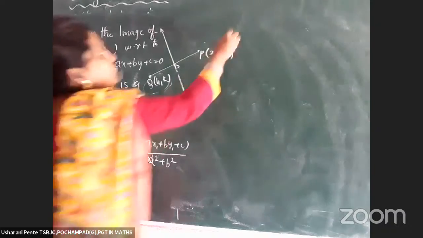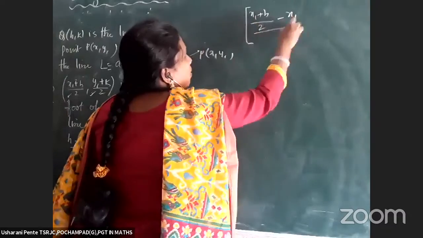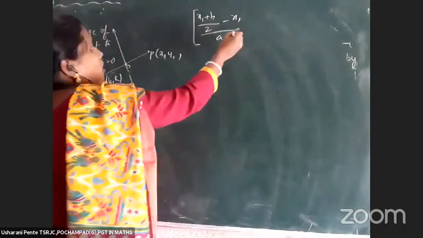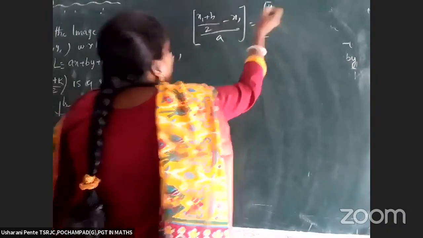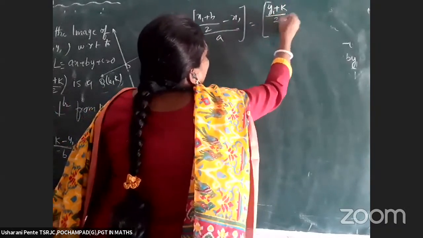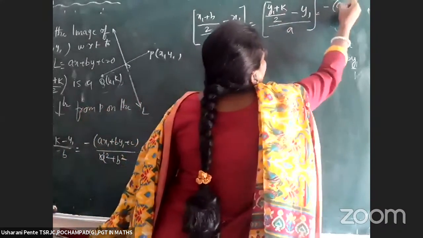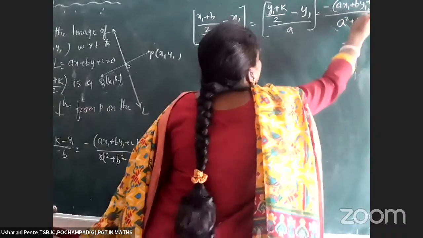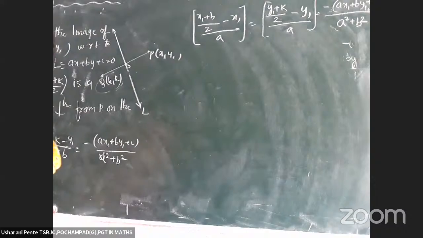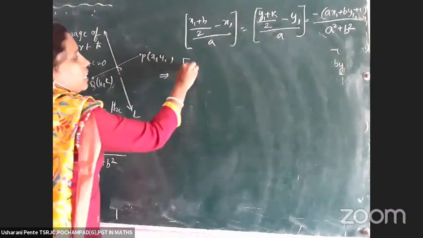What we get is ((x1 plus h) by 2 minus x1) by a is equal to ((y1 plus k) by 2 minus y1) by b is equal to minus (ax1 plus by1 plus c) by (a square plus b square). If I take LCM, that is (x1 plus h minus 2x1) by 2a is equal to (y1 plus k minus 2y1) by 2b is equal to minus (ax1 plus by1 plus c) by (a square plus b square). So this implies x1 minus 2x1 is minus x1, so (h minus x1) by 2a equals (k minus y1) by 2b equals the same.